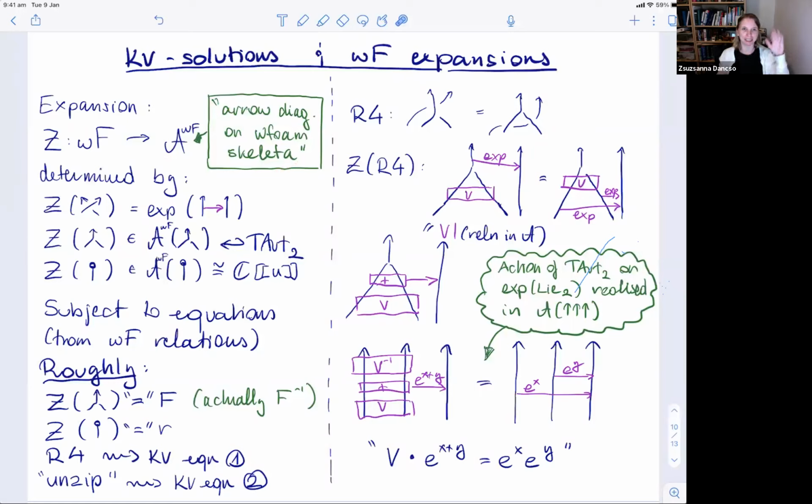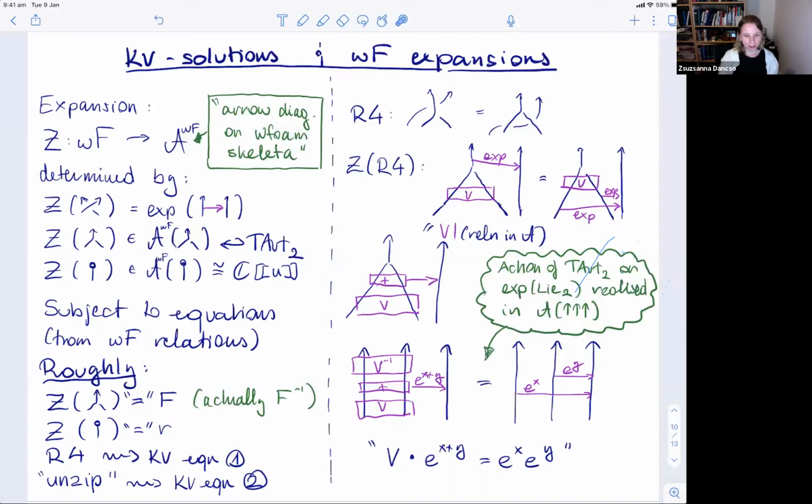So on pictures that look like W foams, but you flatten all the crossings. And it is determined by the value of the crossing, the value of the vertex, and the value of the cap, because those are the generators. But it's subject to equations that come from the W foam relations.